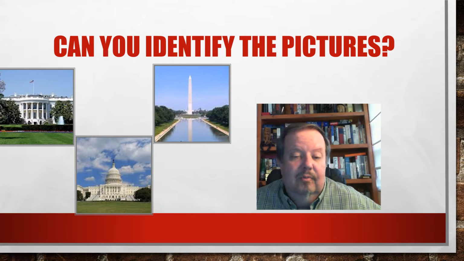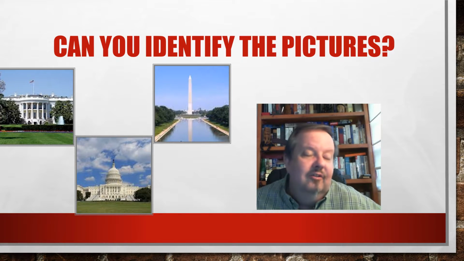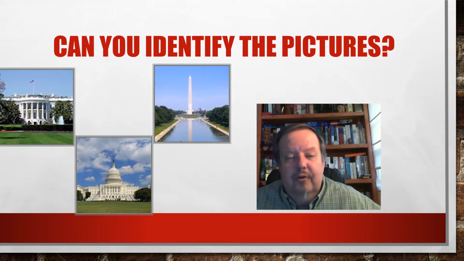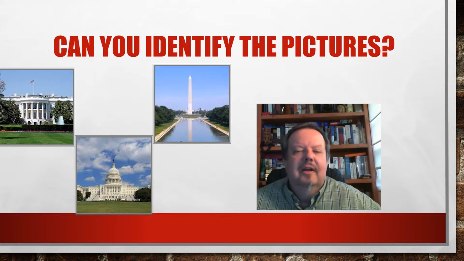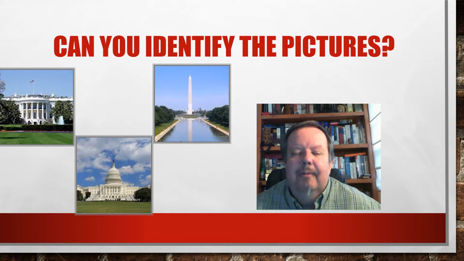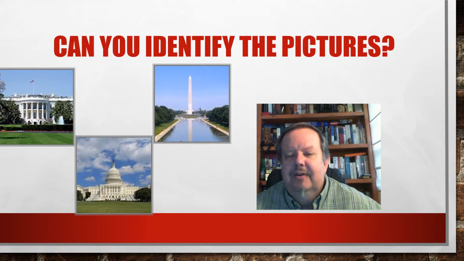Its official title is the Executive Mansion. The White House is what we colloquially refer to it, commonly refer to it, but when we're talking about the White House, we're talking about the Executive Mansion, the home of the President of the United States. The center picture, of course, is the Capitol of the United States, and you can see that white building there with the big dome on the top.